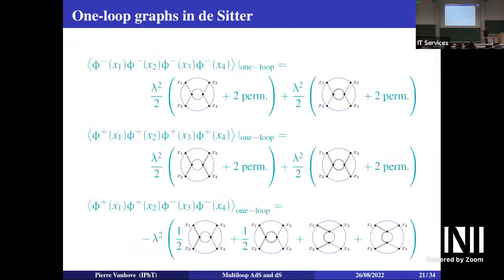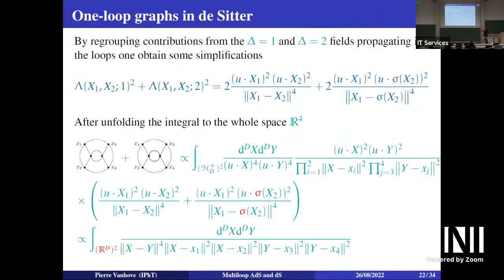Because here you have the sum of the fields with delta equal 1 and delta equal 2 running in the loop, it turns out the sum takes a very nice, very compact form, where you have here the thing that comes from the measure because it's curved AdS. You have the linear propagators, these are the boundary to bulk propagators that you have here. X and Y are the points here, and then here you have the contribution from the internal part.